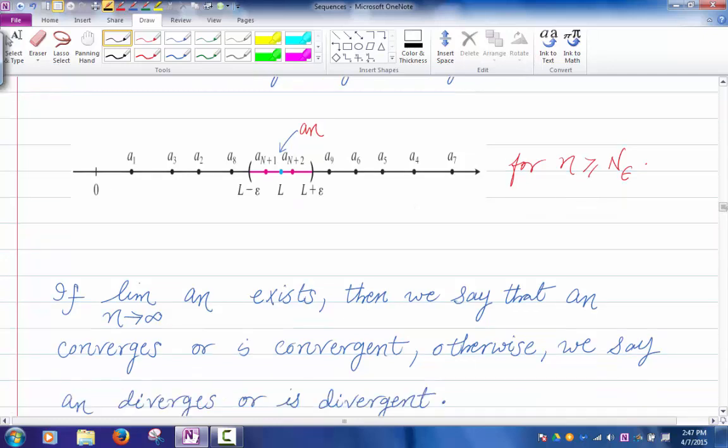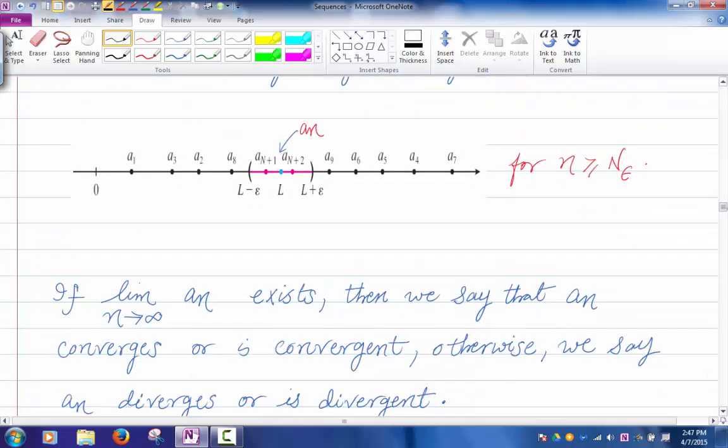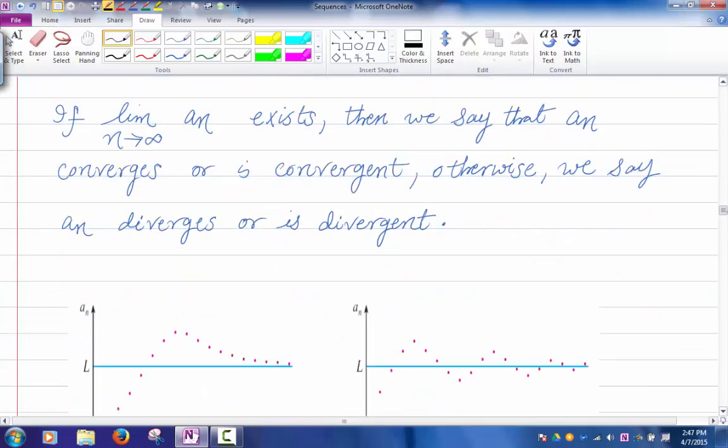If the limit exists as a number, then we say that the sequence is convergent, or we say that the sequence converges to L. On the other hand, if the limit doesn't exist as a number, then we say that the sequence is divergent.